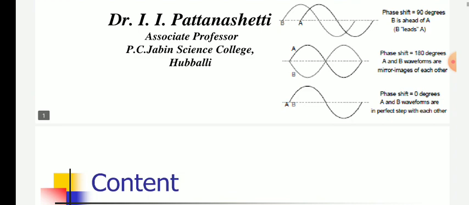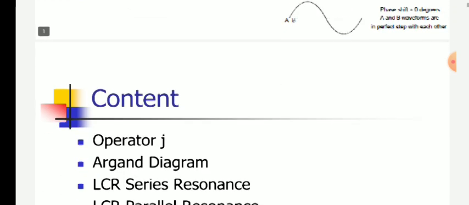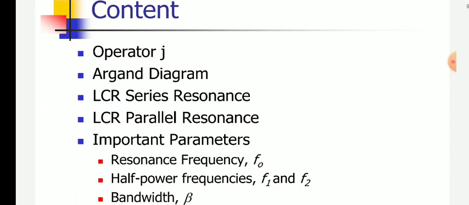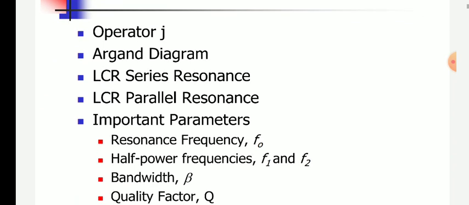Before starting the LCR series circuit, we have to define some important definitions, that is operator j, Argand diagrams, then the LCR series circuit and the LCR parallel resonance circuit.